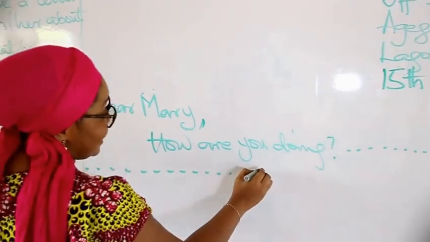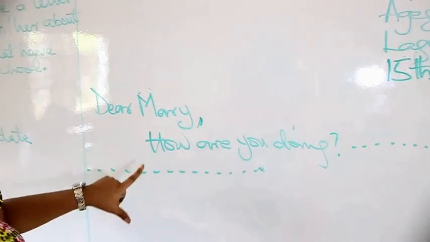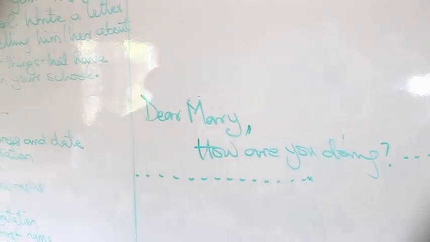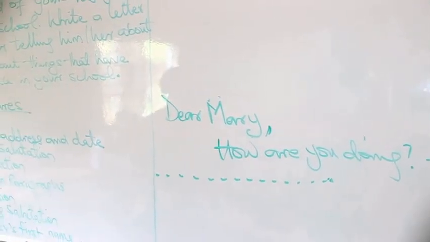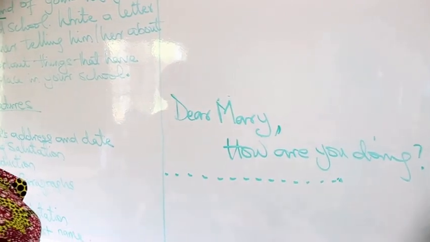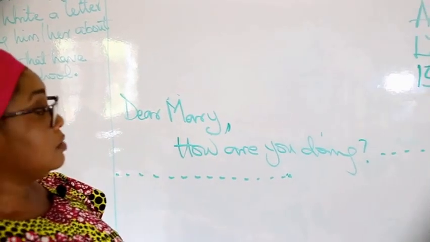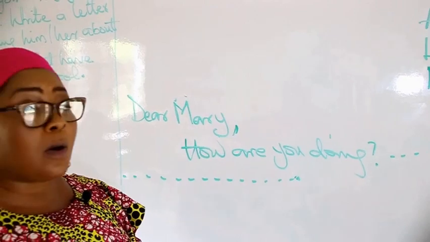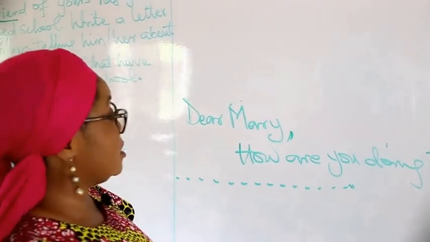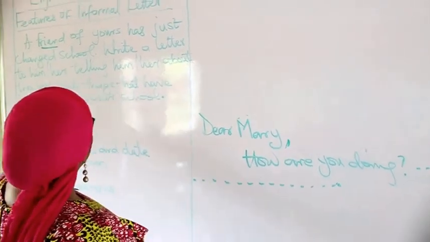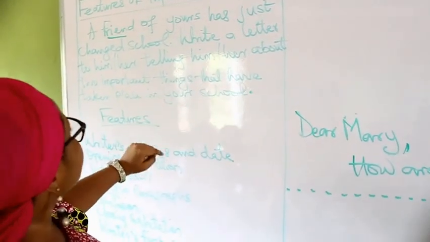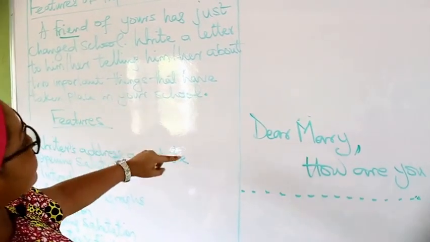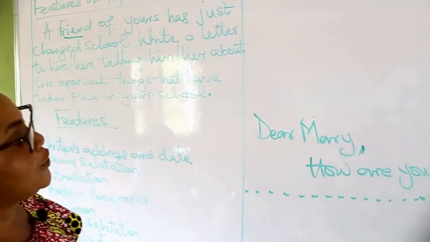Now you end there. Under the same introduction, because our introduction begins on a paragraph of its own, it is important to introduce your purpose of writing. So our purpose of writing is to tell a friend about 2 important things that have taken place in your school.